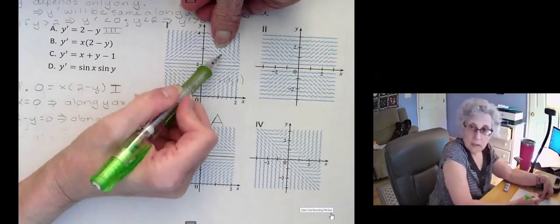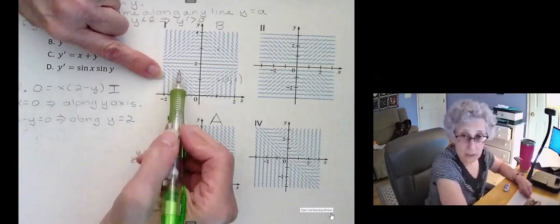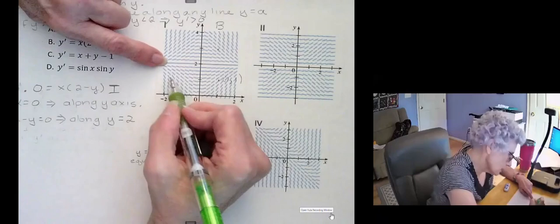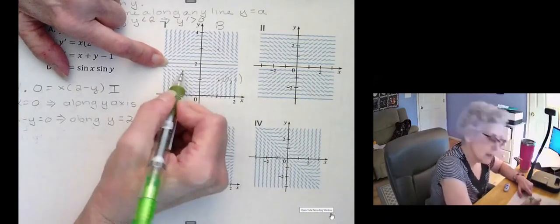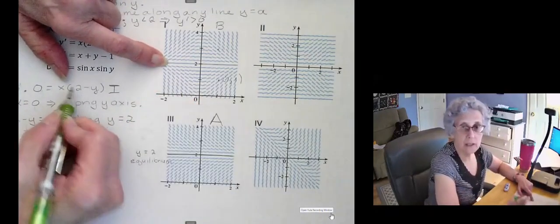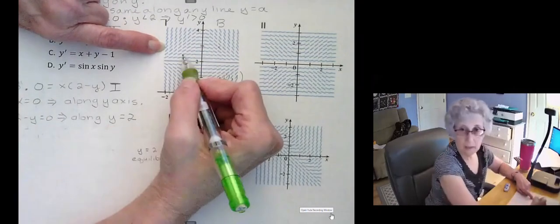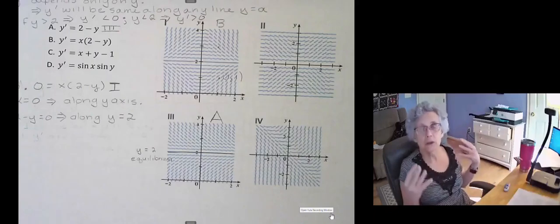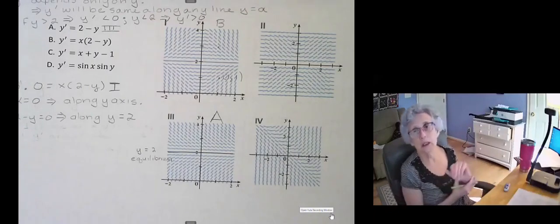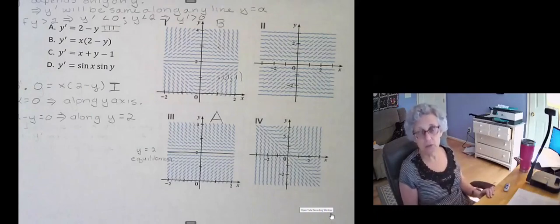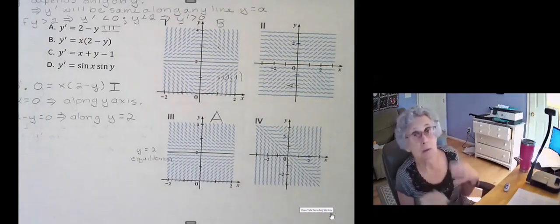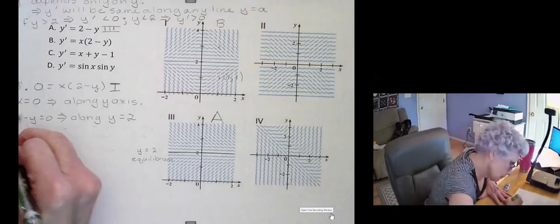I'm going to have a negative slope. Over here, my x values are always negative. If I choose something where y is less than 2, I expect a negative slope because I'll have a negative times a positive. And if I choose something where y is bigger than 2, I'll have a negative times a negative, so a positive slope. So there are lots of reasons you can give for choosing a particular slope field, and you'll have to pick a reason when you choose one.